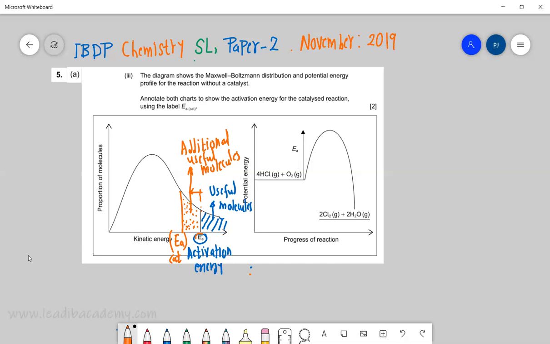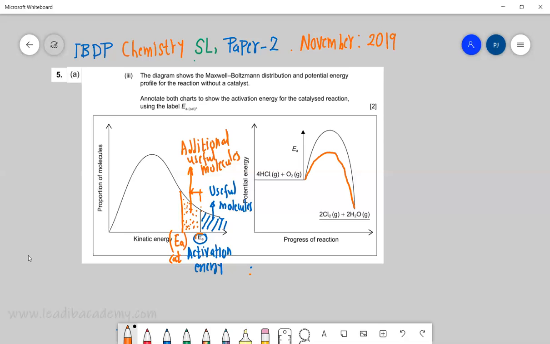Now comes the potential energy diagram. We know very well the definition, that after adding the catalyst, it basically chooses the path having a lower activation energy. So what could that path be? The path could be like this.